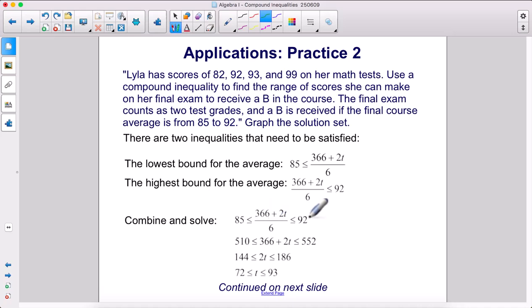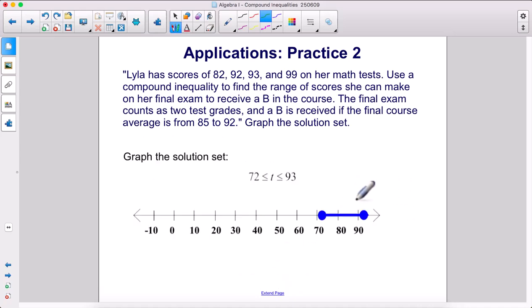First we multiply all 3 sections by 6 to get rid of the fraction. Then we'll subtract 366 from all 3 sides. Then we'll divide by 2 to get 72 is less than or equal to t, which is less than or equal to 93. Therefore, here is the graph of our solution. Lila has to get between a 72 and a 93 on the final in order to get a B in the class.